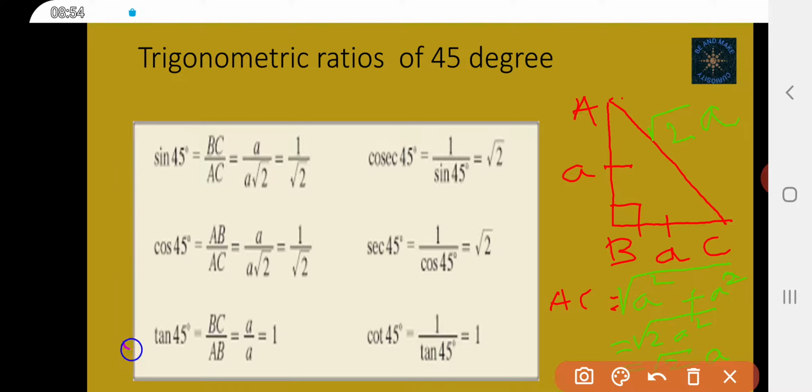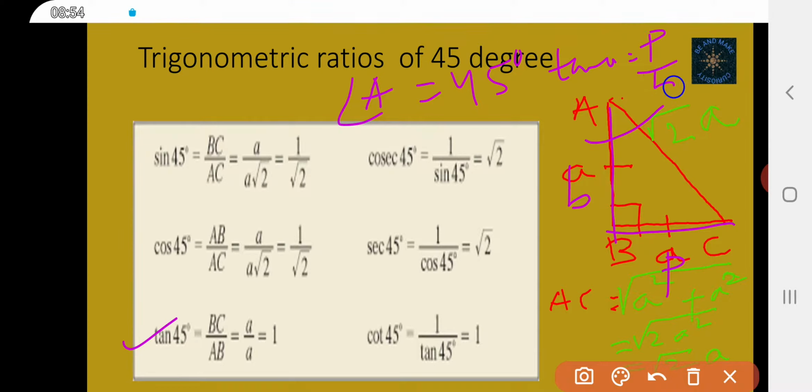Then come to tan 45 degree. Tan 45 degree, this angle A, 45 degree. So you know that tan theta is equal to P by B. So here P is BC and B is AB.